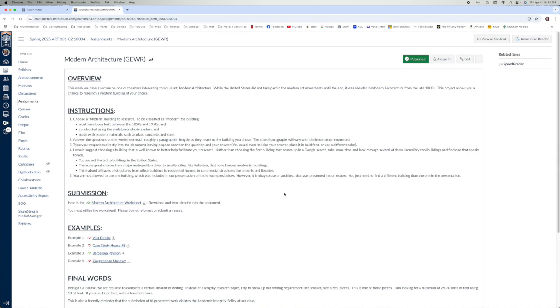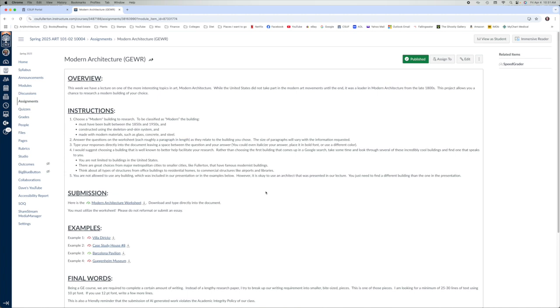And in order to be modern, it needs to be built within specific years. It needs to be constructed using the skeleton and skin system, and also made with modern materials. So just be careful. Do not choose anything that has domes or arches or columns that looks like ancient architecture. This is going to be sheets of glass for walls, a lot of cement, modern materials, things like that.